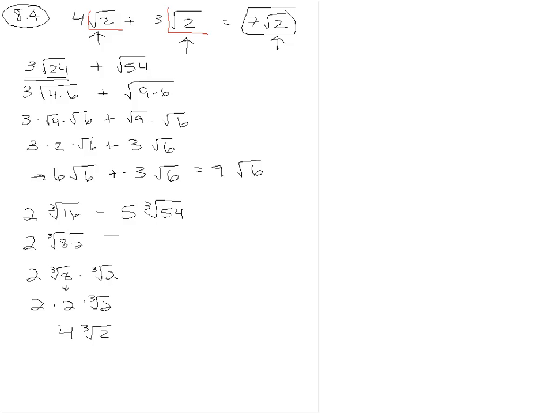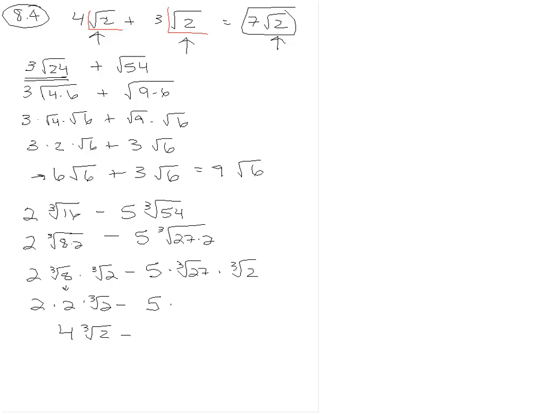Okay, 54. 3 times 3 times 3 is 27. So 54 can be 27 times 2, because 27 is a perfect cube. So that means I can write it as 5 times 3 times the cube root of 27 times the cube root of 2.